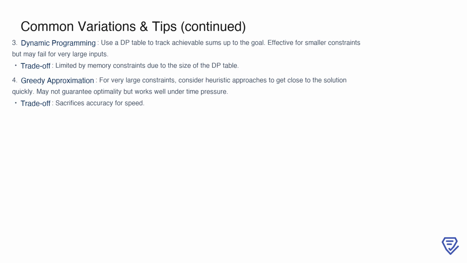These heuristic-based methods aim to get close to the solution quickly, sacrificing some accuracy for speed. While these approaches won't always guarantee optimal results, they're practical under tight time constraints or when dealing with immense input sizes. Ultimately, the choice of approach will depend on the problem constraints, input size, and performance requirements, so it's crucial to stay flexible and adjust your strategy as needed.